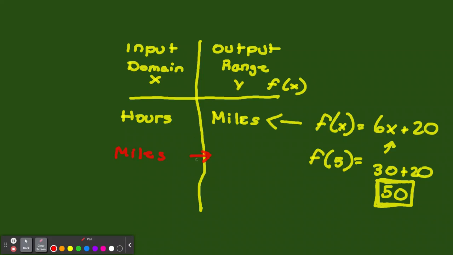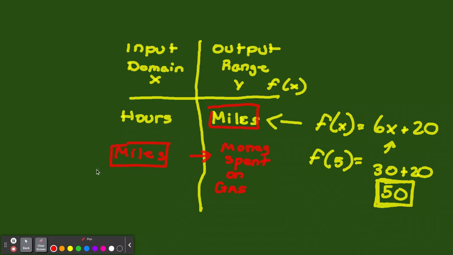So the output will be money spent on gas. You see on these composite functions, you can take one output and make it the input, and you can do vice versa.